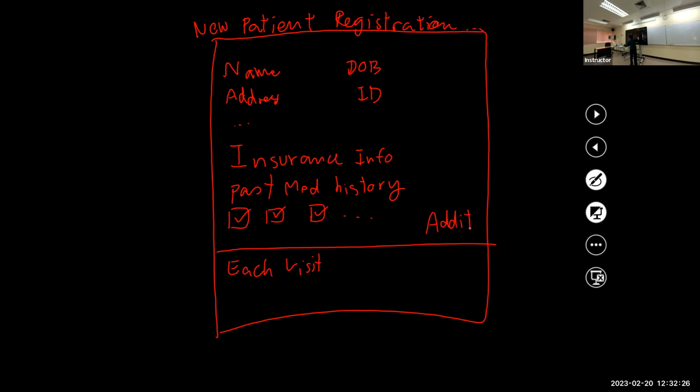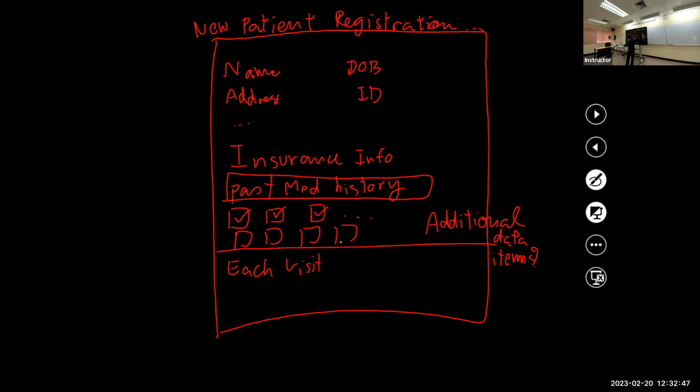Don't forget to ask for additional data items, in case the forms are not up to date. Because the past medical record could be added more. Sometimes we have more things to check and so on.